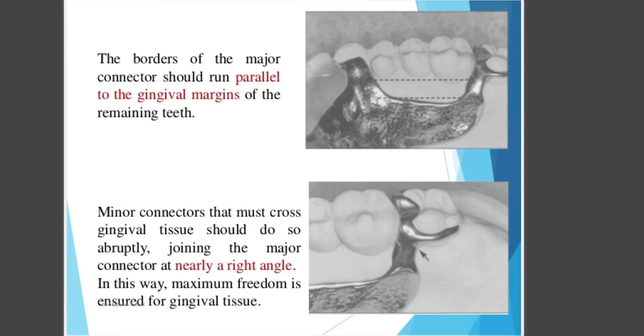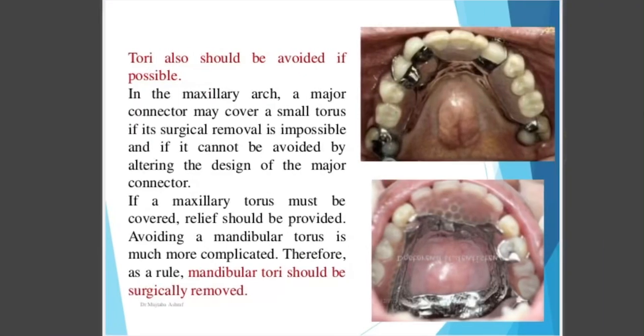So the minor connector should not cross the gingival tissue abruptly, as there are chances of stress concentration at that point, and there can be fracture. So it is better that they join at nearly a right angle. In this way, maximum freedom is ensured for the gingival tissue.